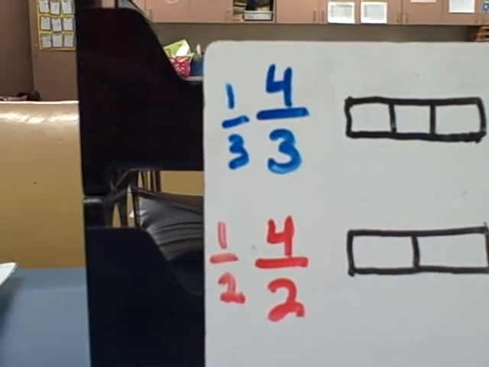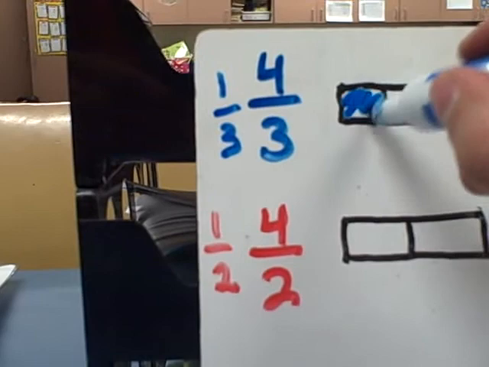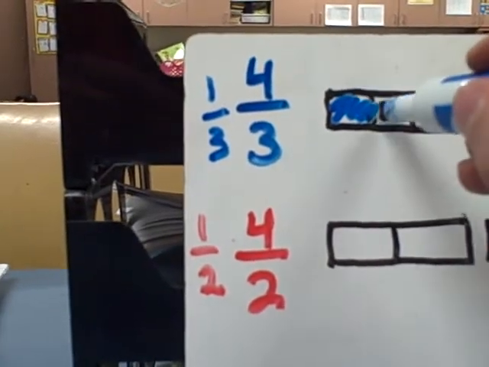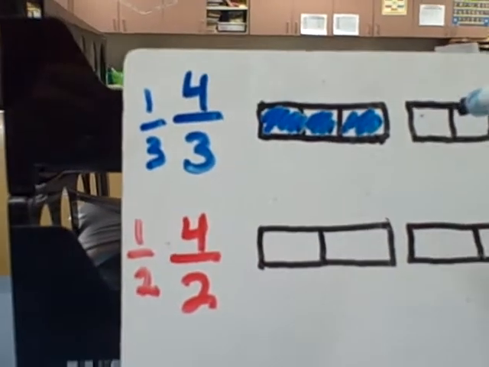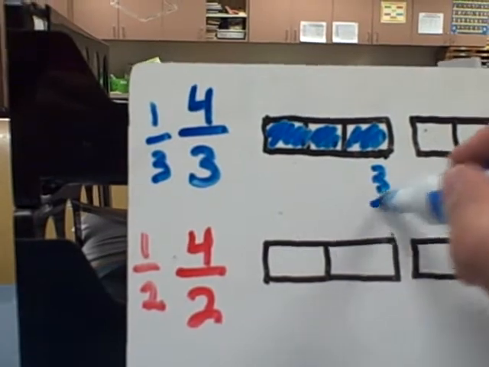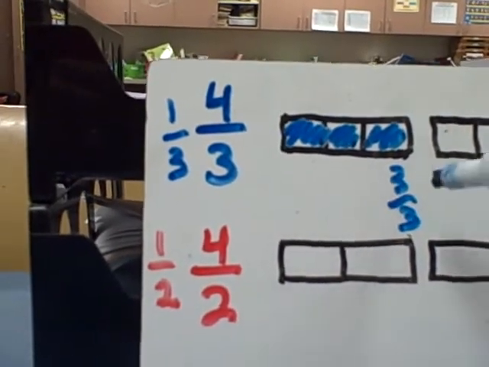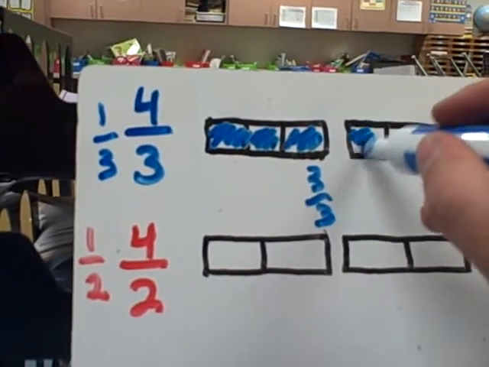So let's go ahead and figure this out. Let's count by 1/3 until we get to 4/3. 1/3, 2/3, 3/3. Then we have to add another whole here because 3/3 is the same as 1 whole. So let's add 4/3.